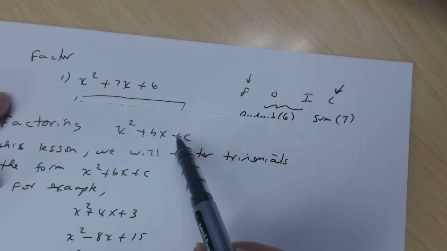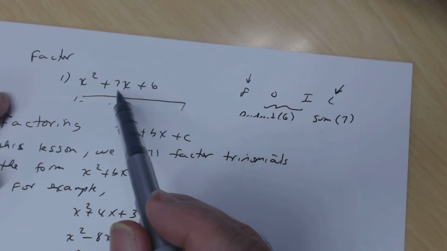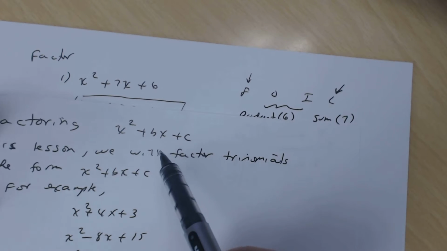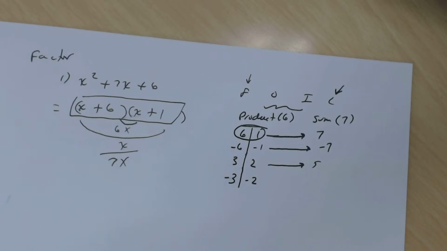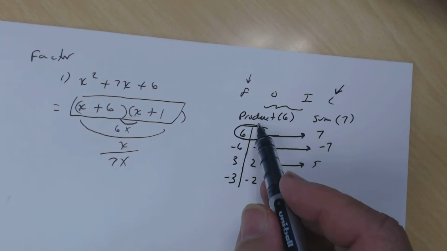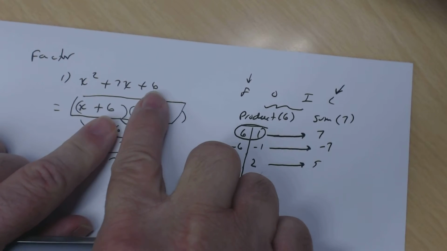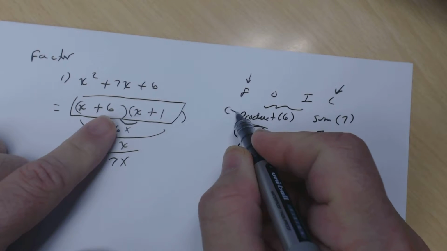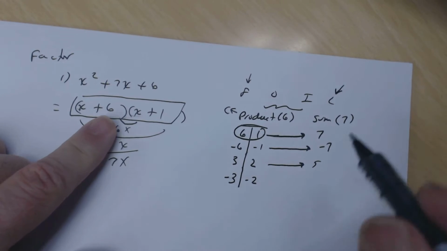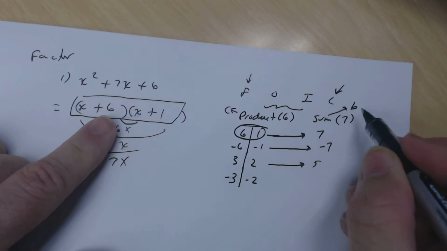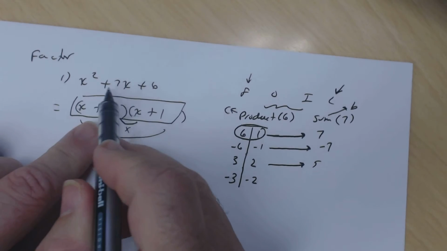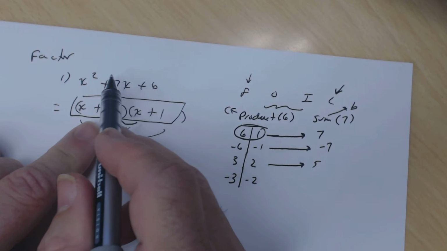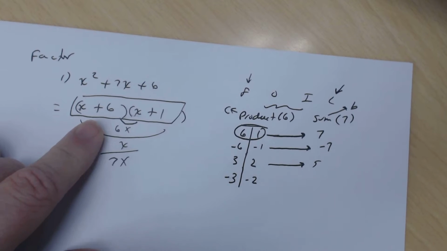There's no variable here, so it's a constant. And the 7 is the coefficient of the x term, so that's b. So I wanted to find two numbers whose product is c and whose sum is b, this coefficient right here, which is a positive 7.